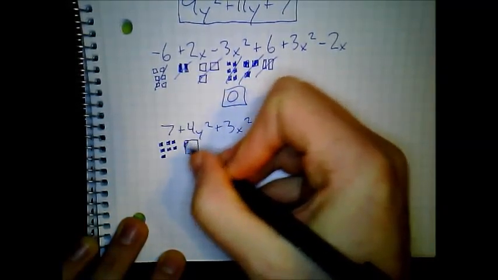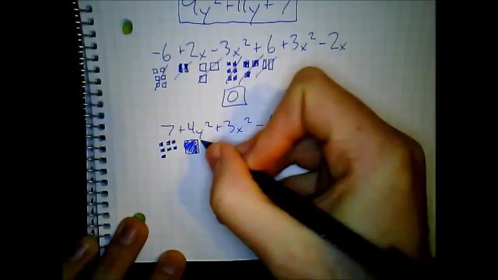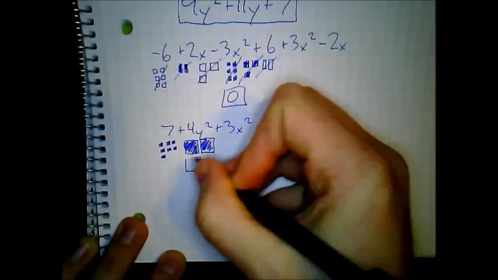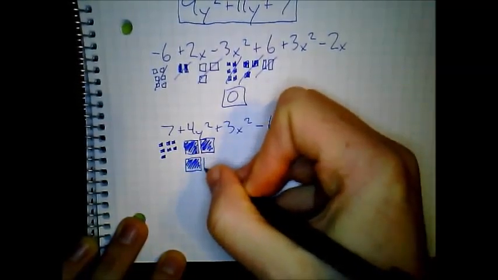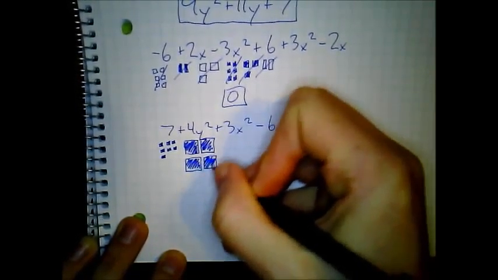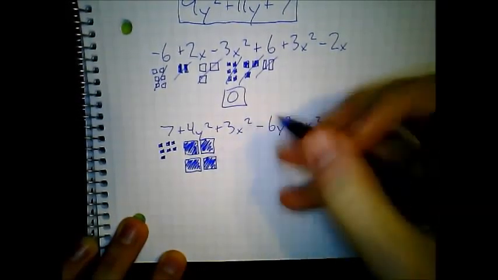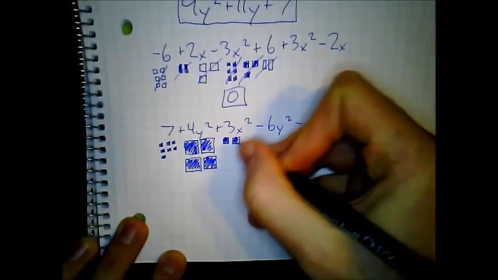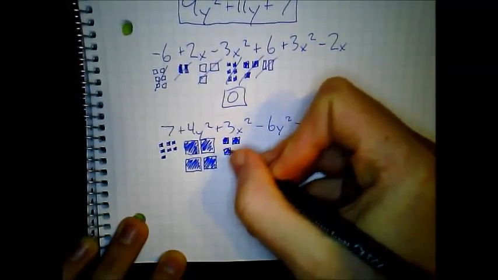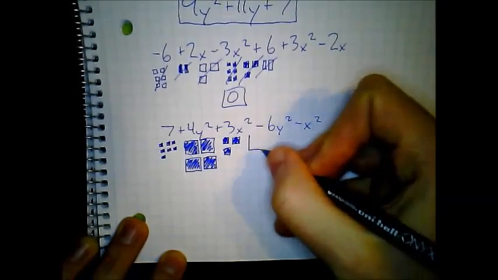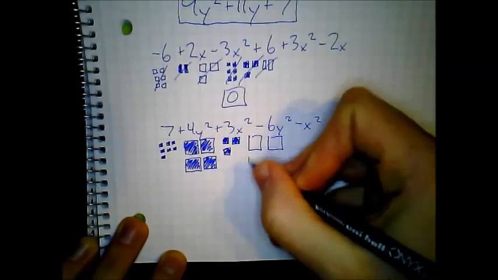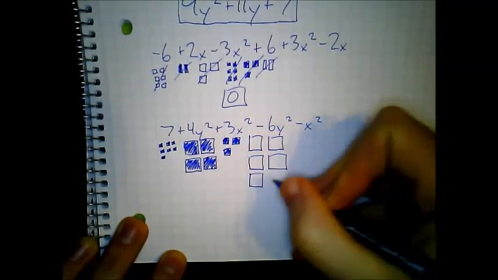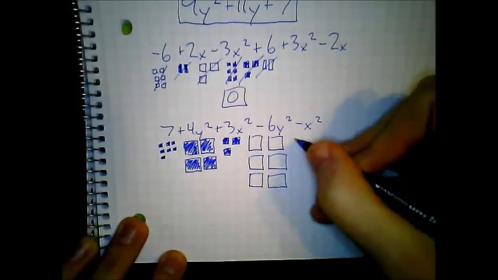We know the y squared tiles are bigger than our x squared tiles. We want to make sure we draw it as such. Positive 3x squared tiles. Negative 6y squared tiles. And a negative x squared tile.